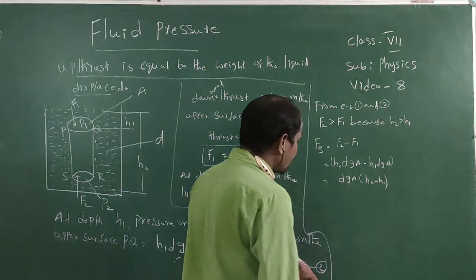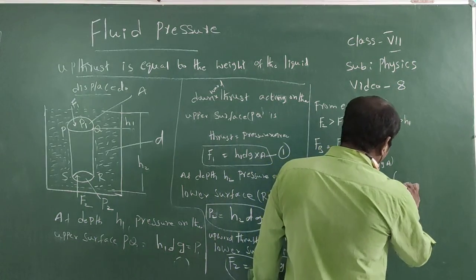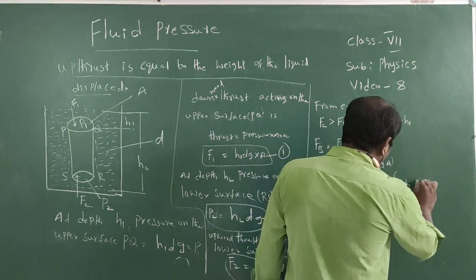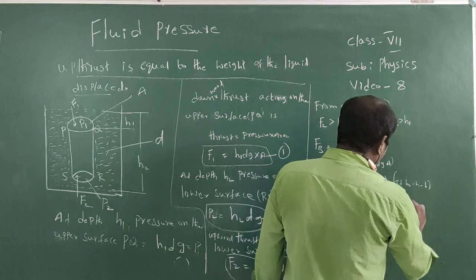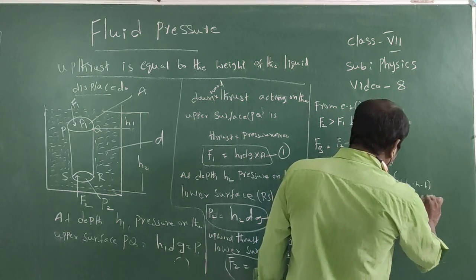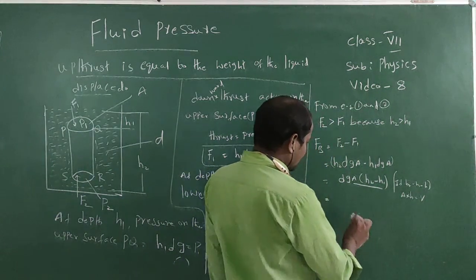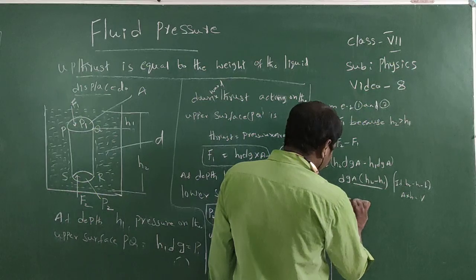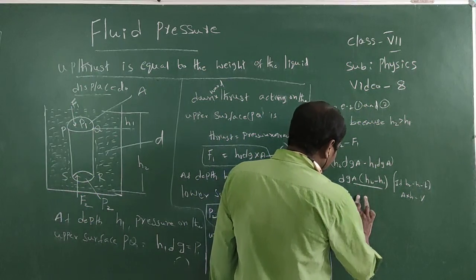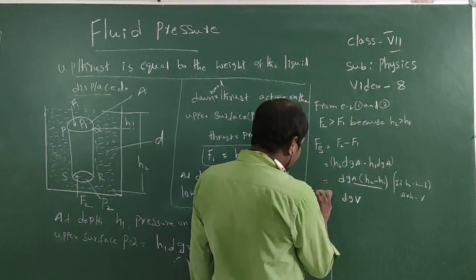Let H2 minus H1 equal H, then A into H equals V, the volume.